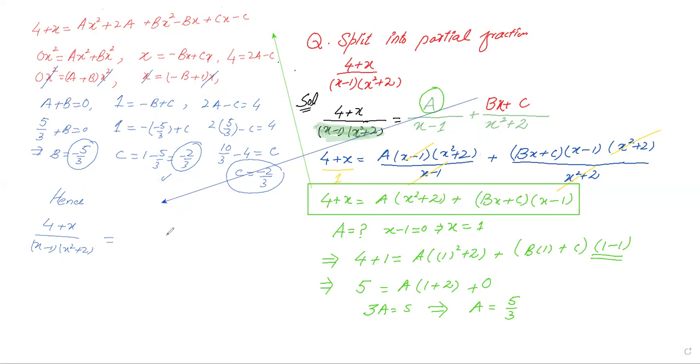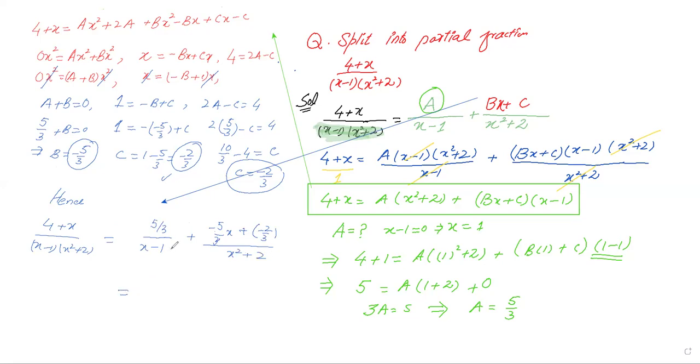The value of a is 5 by 3 divided by x minus 1. What's the value of b? The value of b is, already we have this one, minus 5 by 3. x will remain as it is. Then plus c. What's the value of c? That is minus 2 by 3. Divided by x squared plus 2.